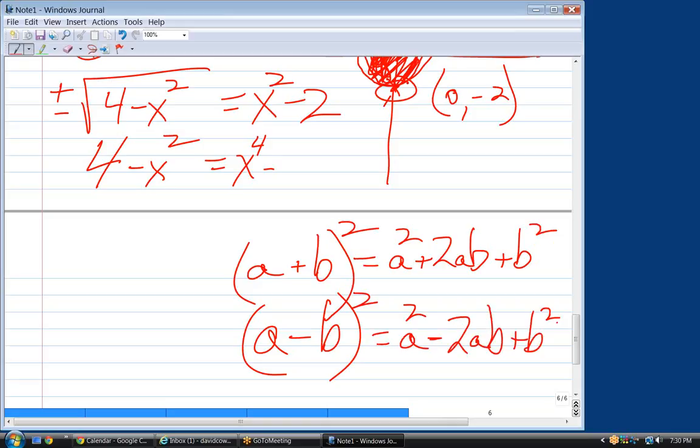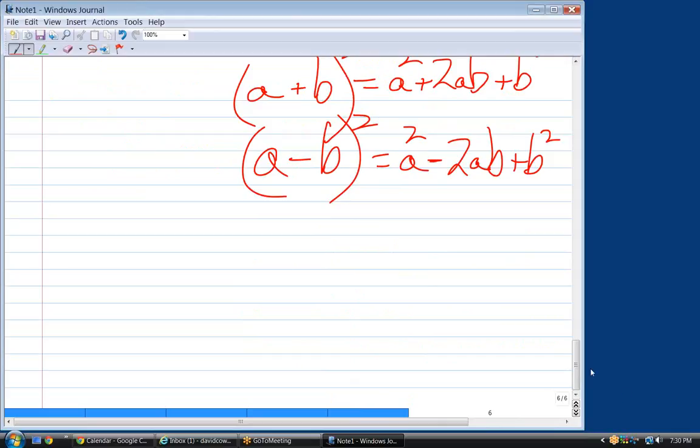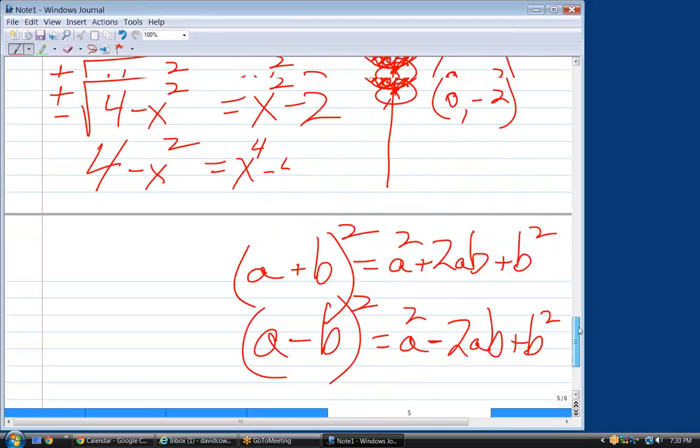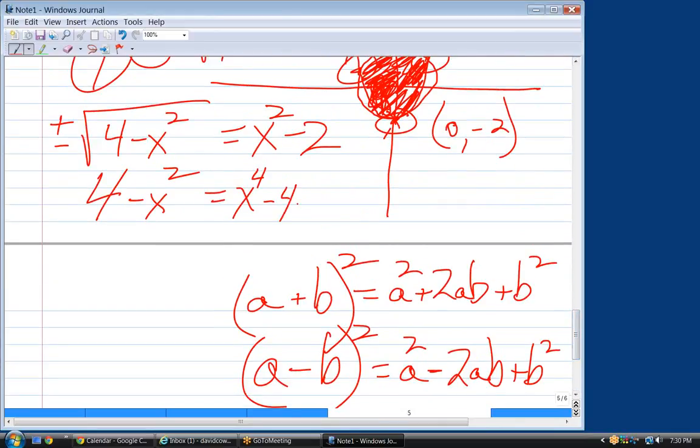So by memorizing both of these, you can do things quickly like square that. Because in this expression here, a is x squared and b is 2. So it would be x to the fourth minus 2 times a times b.